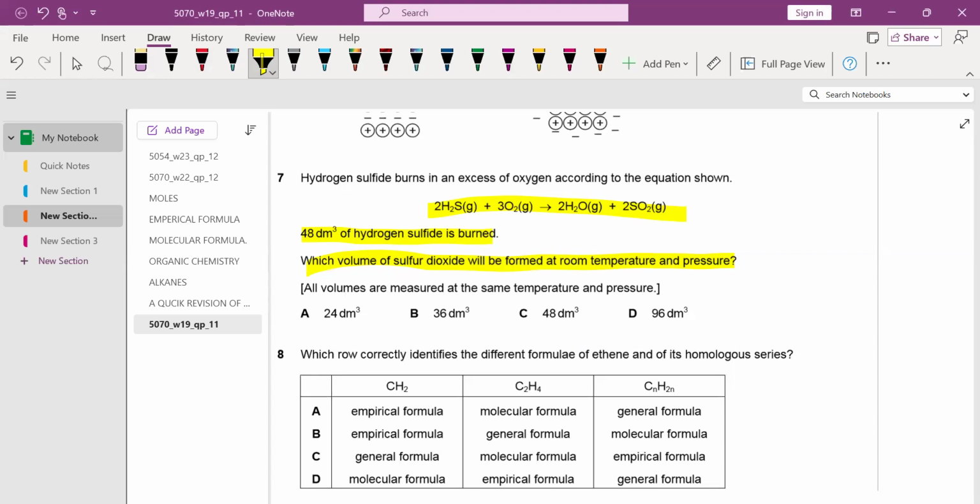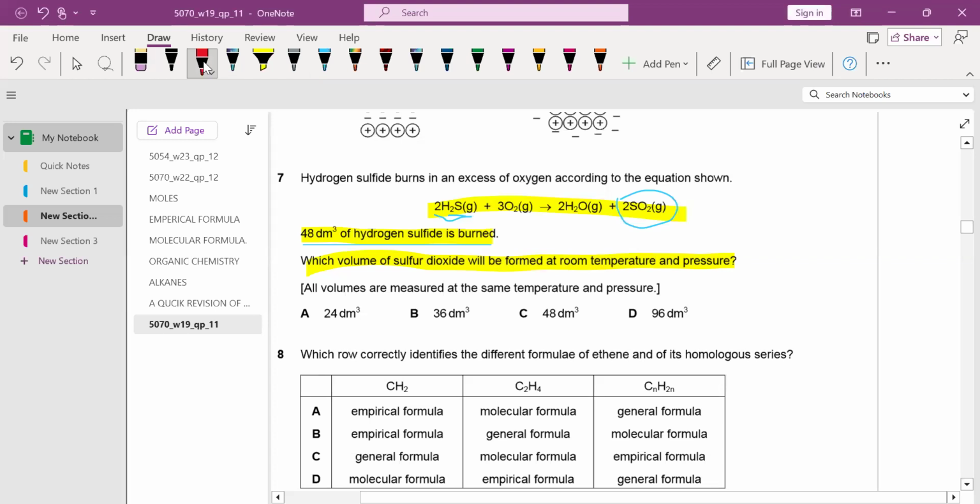So you need to find the volume of the sulfur dioxide, which is a gas, that will be formed at RTP. Firstly, you need to calculate the moles.